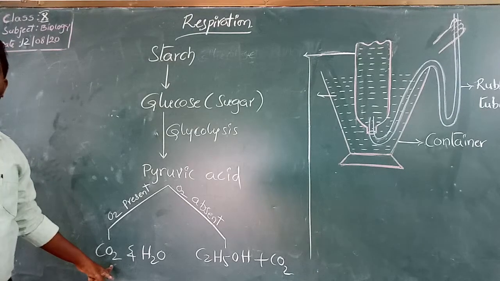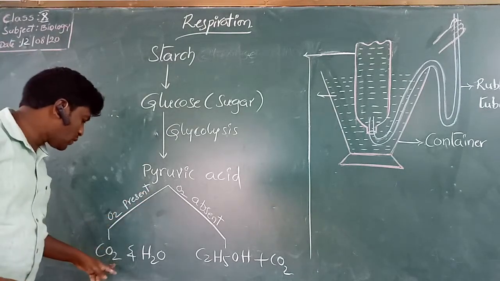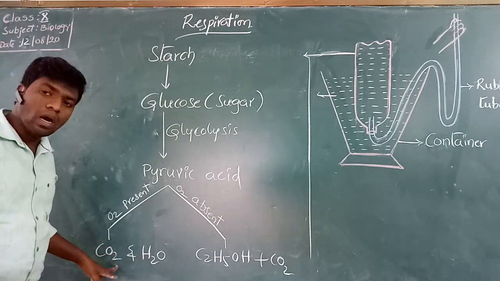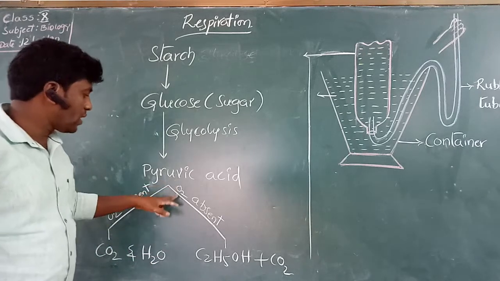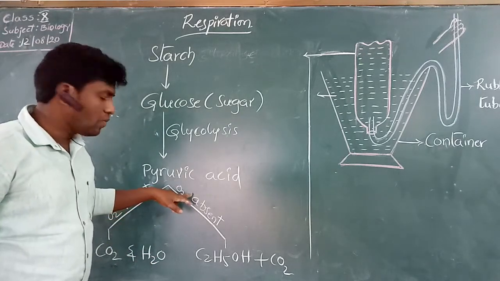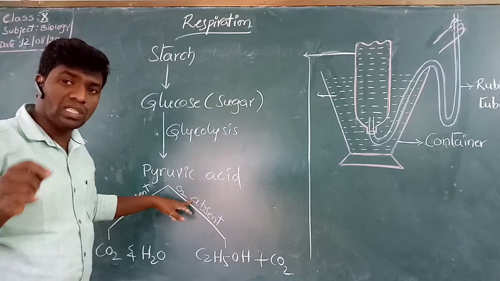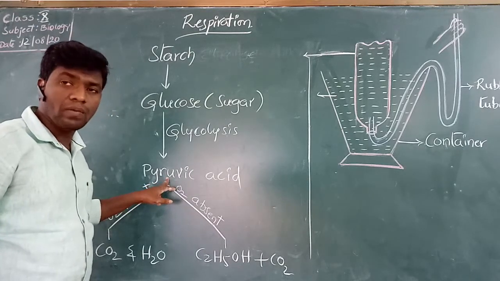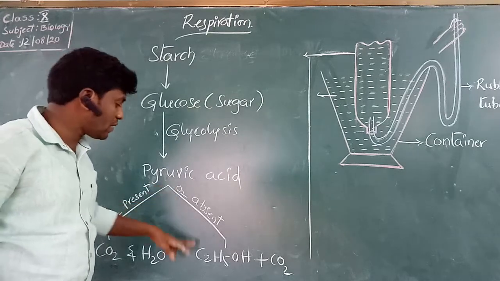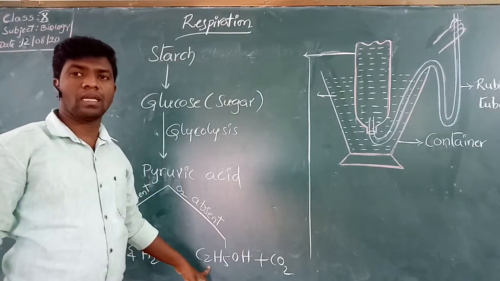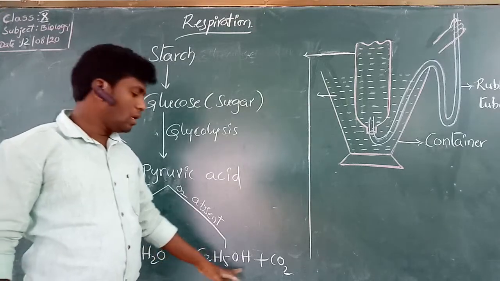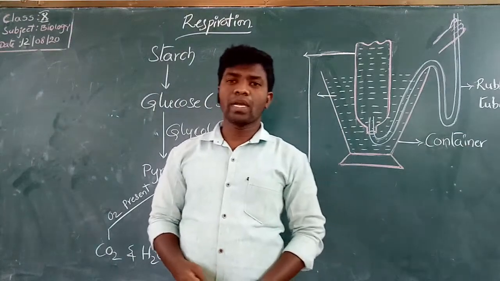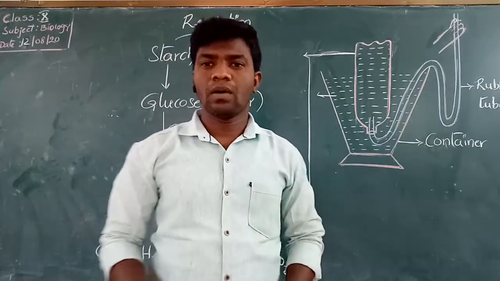If oxygen is not available, the pyruvic acid is converted into ethanol or ethyl alcohol, lactic acid and carbon dioxide. So this is about aerobic and anaerobic respirations. Okay, thank you students.